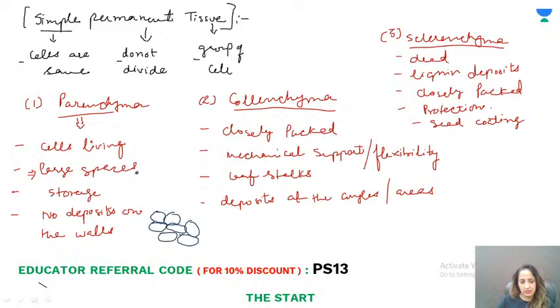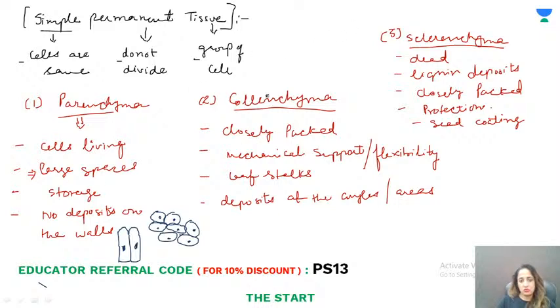If I do the longitudinal section, this is how it will look. They have a nucleus. Of course, all the cells will have a nucleus. And as you see, these are living cells with large spaces between them. There are no deposits you can see on the walls, right?